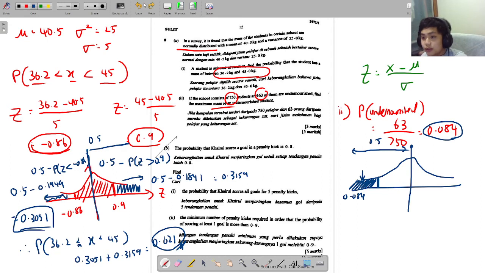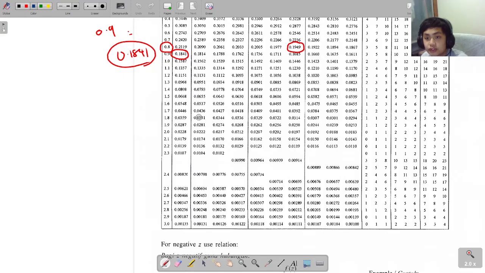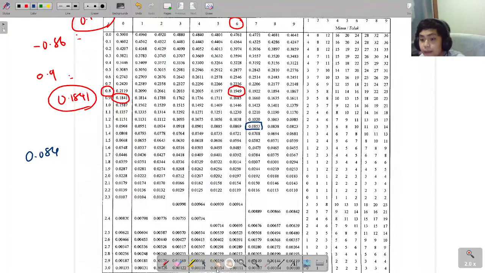Since we know this, we need to find out the z-score that corresponds to 0.084. So we need to look back at our z-score table. So 0.084, we're going to look probably around here. Now I take this score because if you notice in the normal distribution table, in order to use the right side, it is a minus.